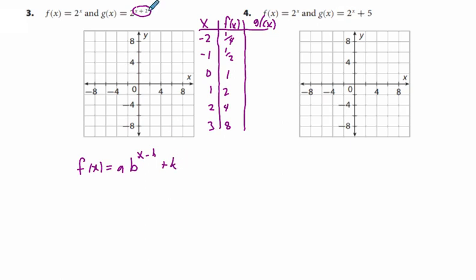What this plus 2 is going to do is shift the graph 2 units. X plus moves to the left, so 2 units left.